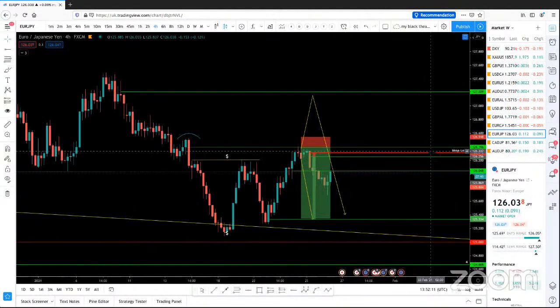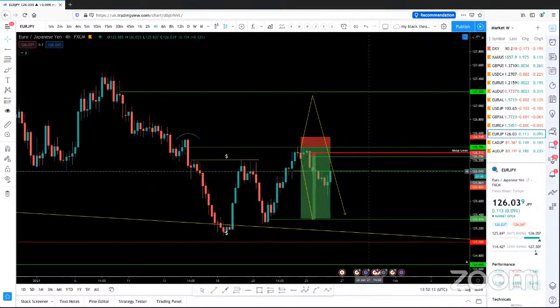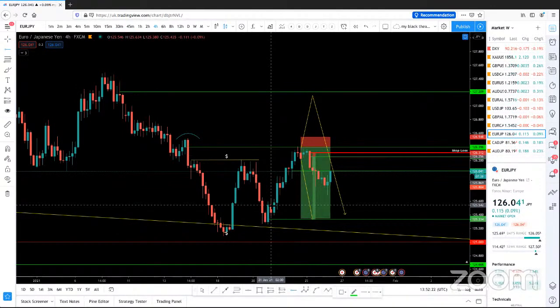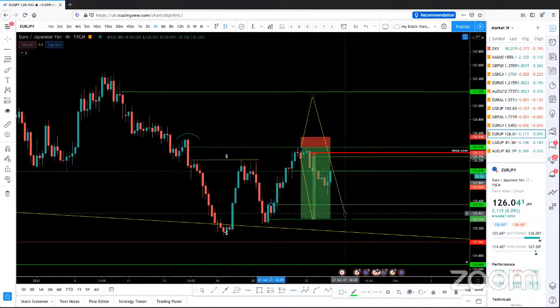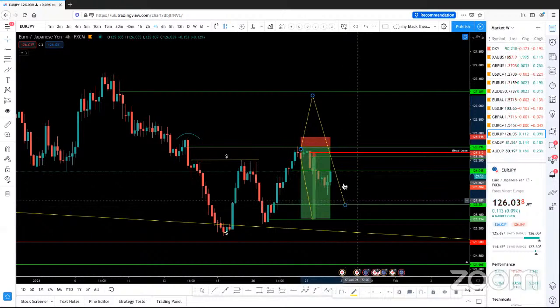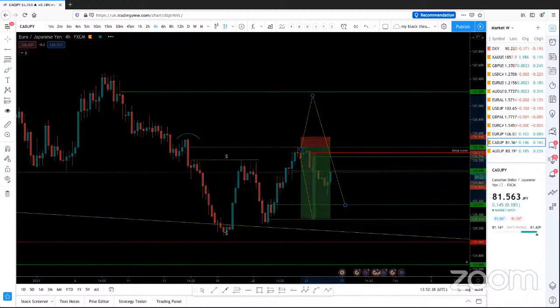For now, I'm anticipating price to get at least to this level to complete this trade. Possibly at the 125.60 price level area, we could exit from this trade. So that's the EUR JPY and CAD JPY.